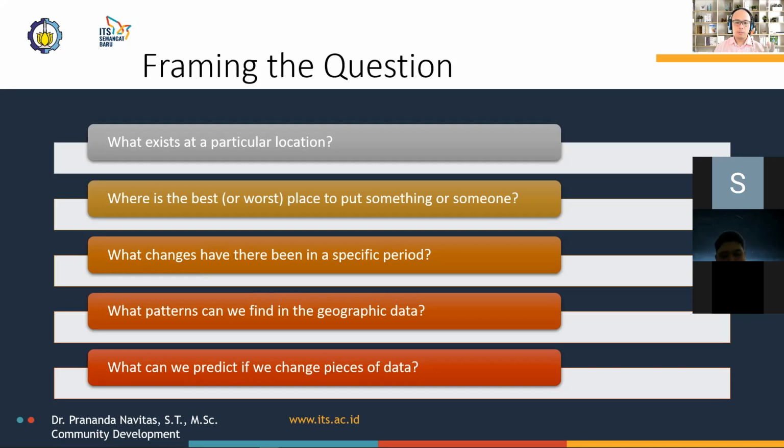Fundamentally, there are 5 types of questions that community mapping can help you answer, and you may be asking more than one of these questions, or maybe all 5 at the same time. What exists at a particular location? Here, you're not necessarily looking for reasons, but simply for what is there.